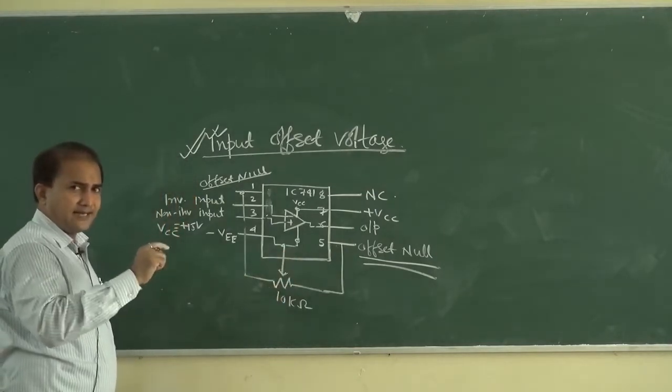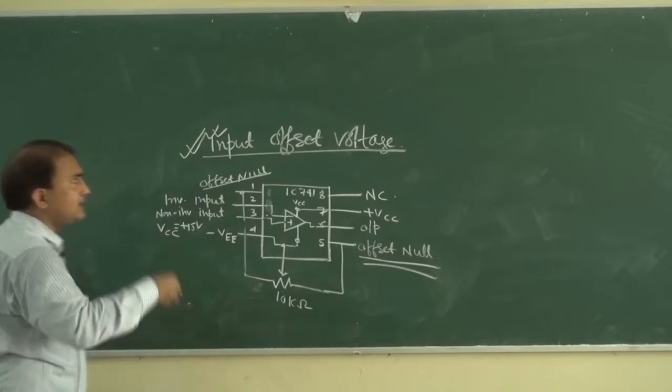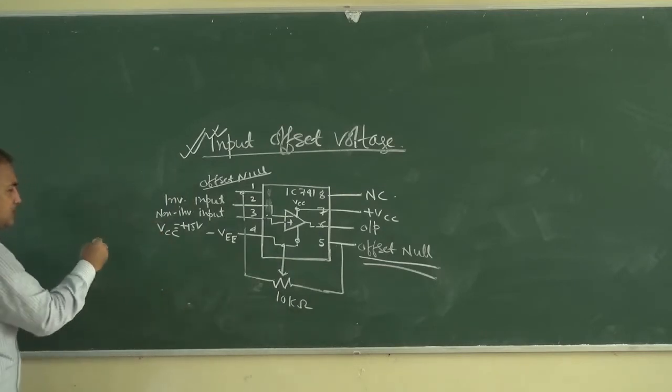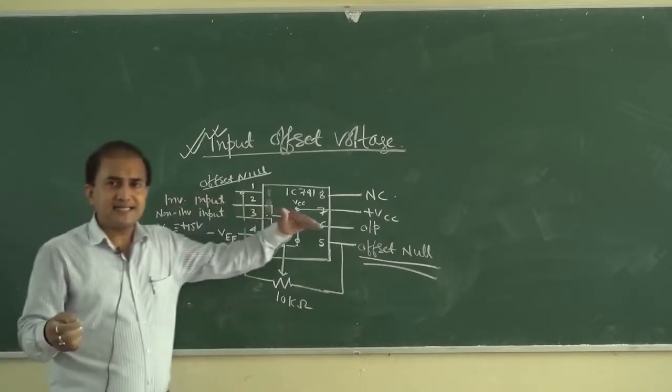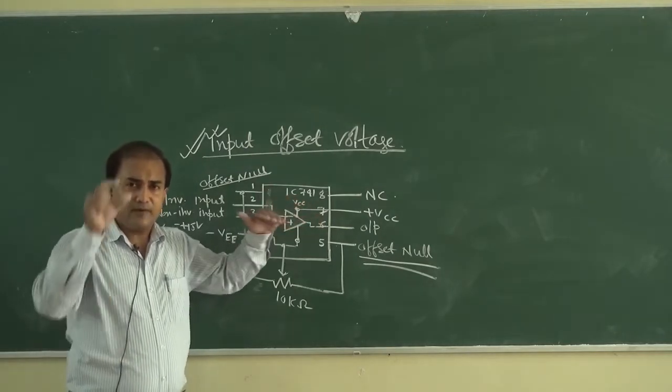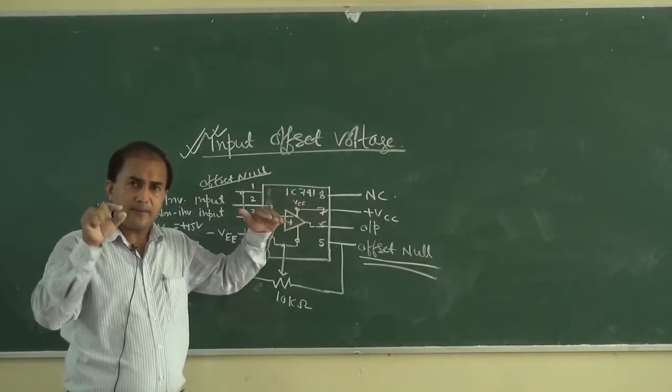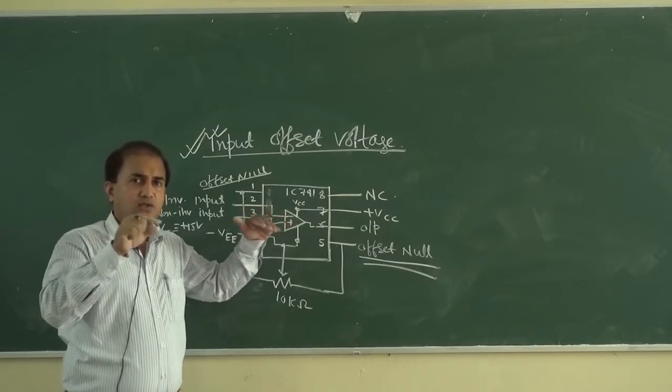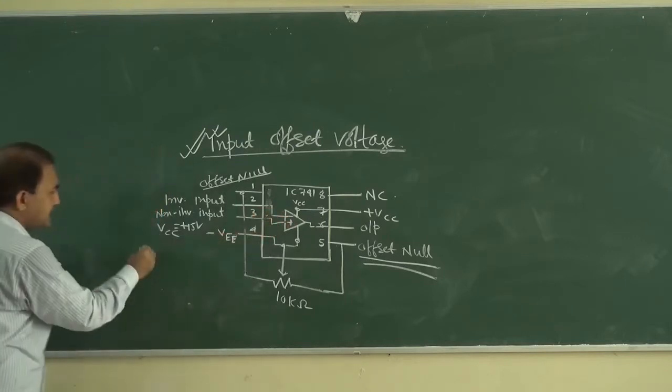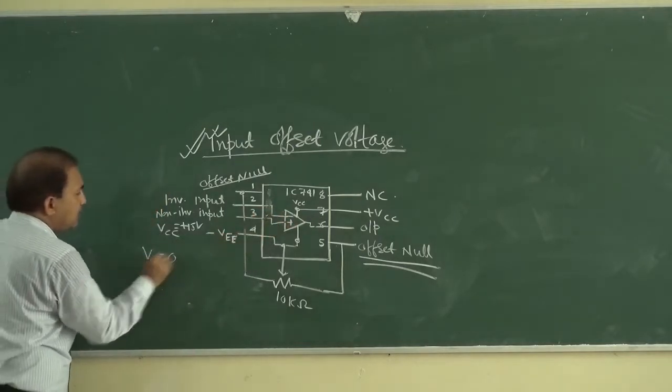The position of the wiper is varied to adjust the output offset voltage. If the output voltage is equal to 0, then we fix the wiper at that position, so as to make the output voltage equal to 0.